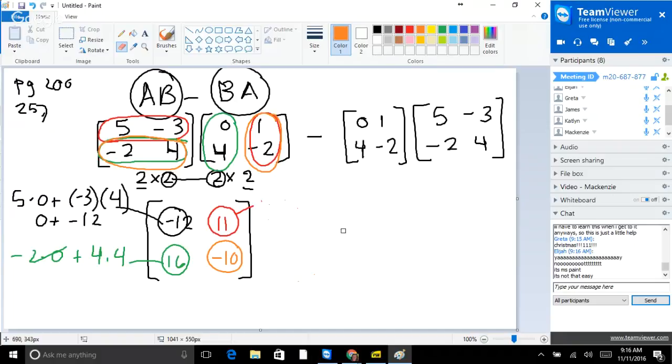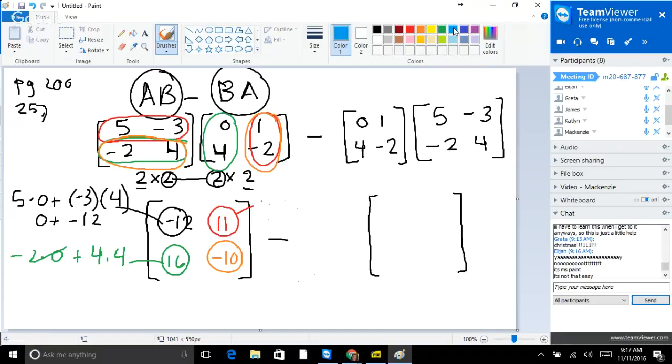Okay, so that was our first matrix. We're going to do the next one the exact same way. We know it's a 2 by 2 matrix times a 2 by 2, so we know it's going to end up as another 2 by 2. Now we just do the same process.